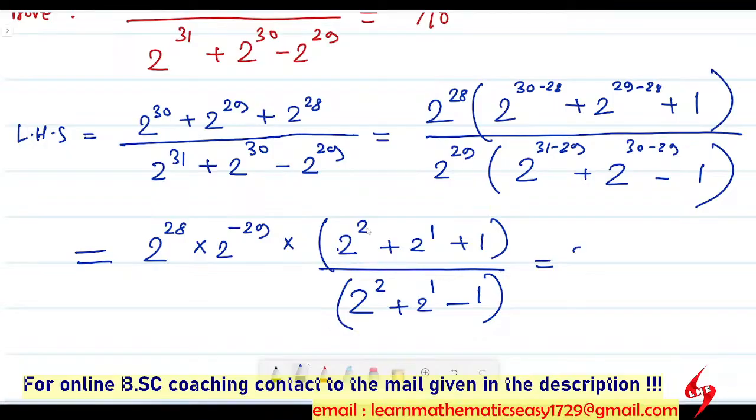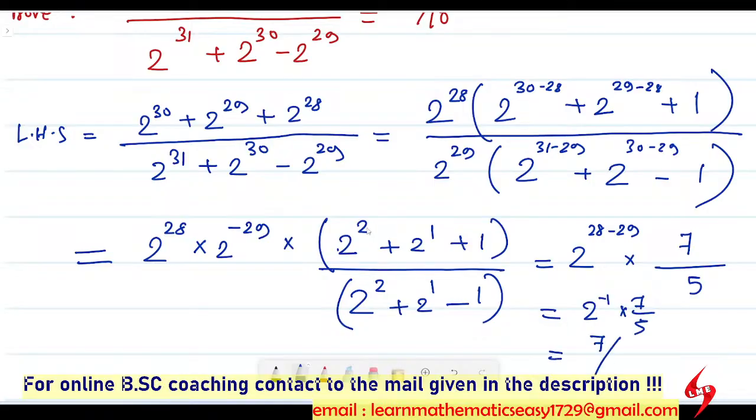So this is my 28 minus 29, and here this will be my 7, and this is my 5. 2 minus 1, 7 by 5.